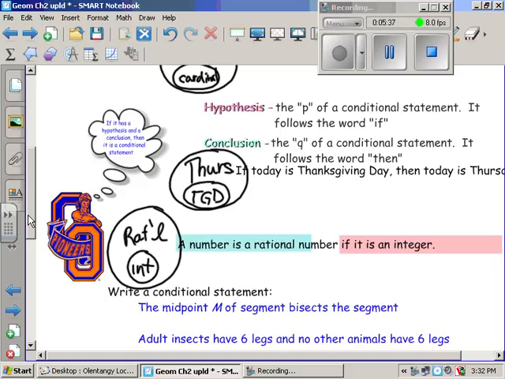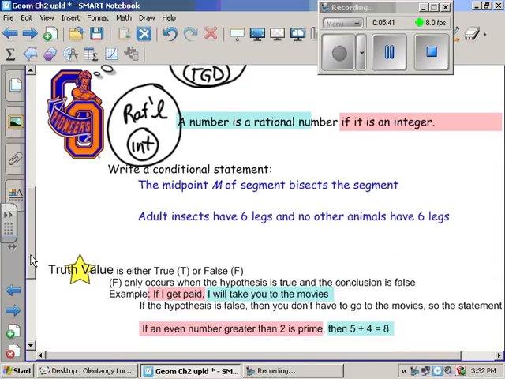All right? Now let's try writing the conditional statements. The way I would suggest, if it's not automatically flowing, go ahead and draw your Venn diagram first. All right? So if I had to pick the two words that would be the key words, like cardinal and bird up above, or rational and integer, what would be the two key words?